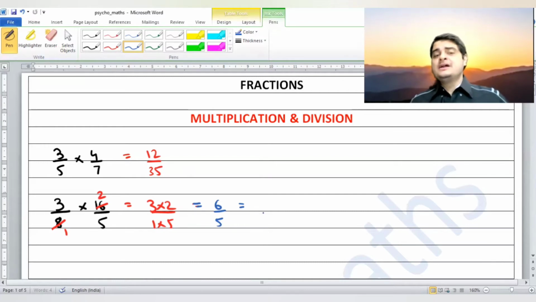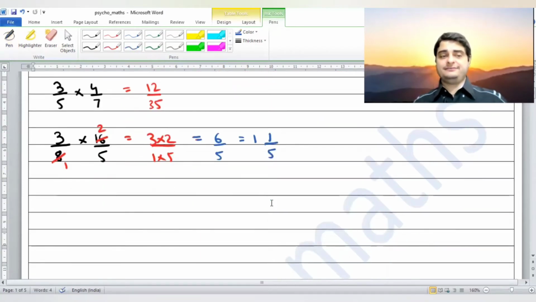How? The denominator is 5. 6 divided by 5, quotient will be 1. Remaining is 1. So the mixed fraction is 1 integer, 1 by 5.